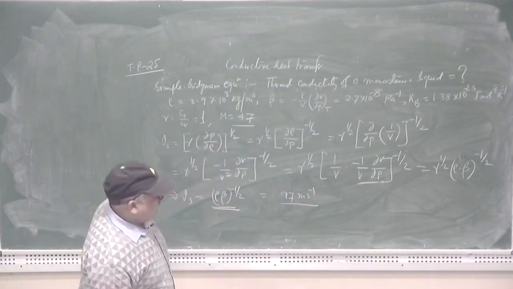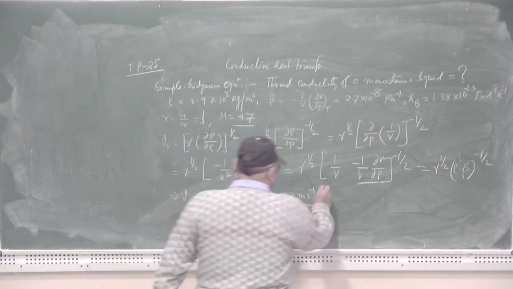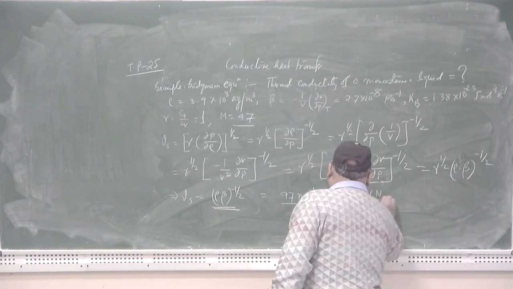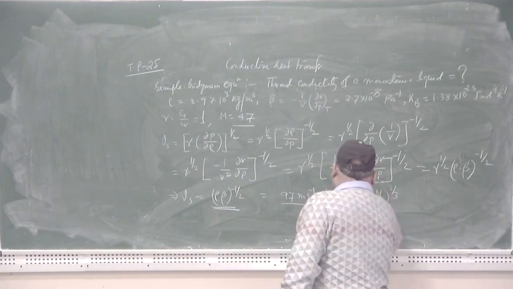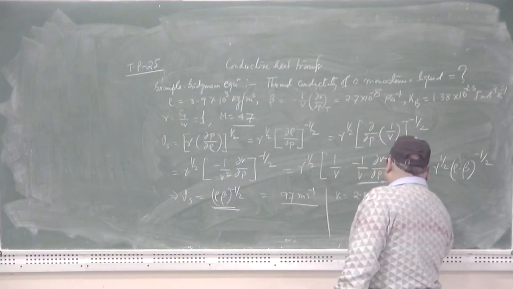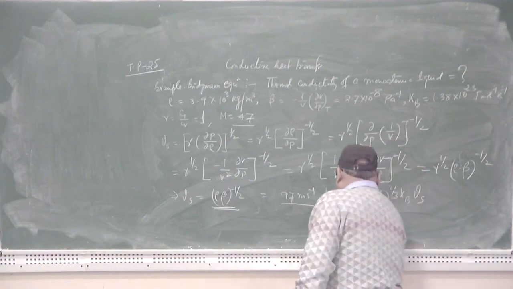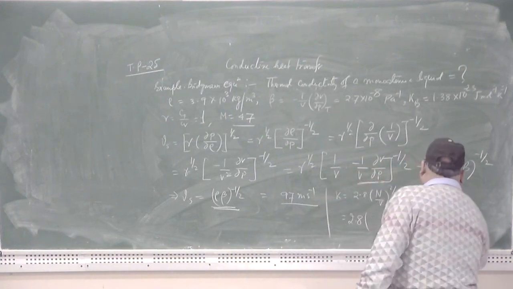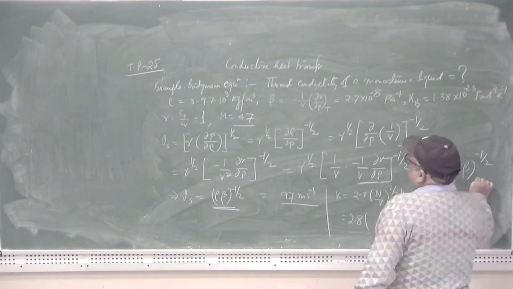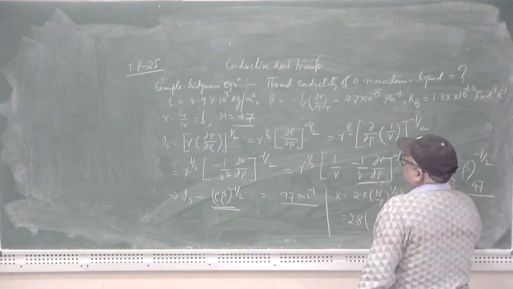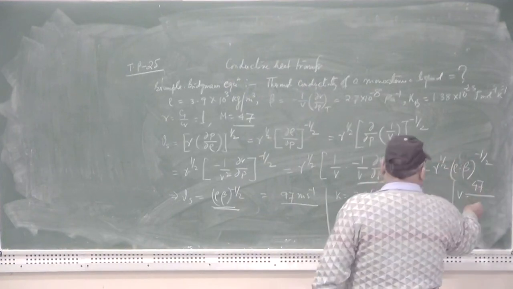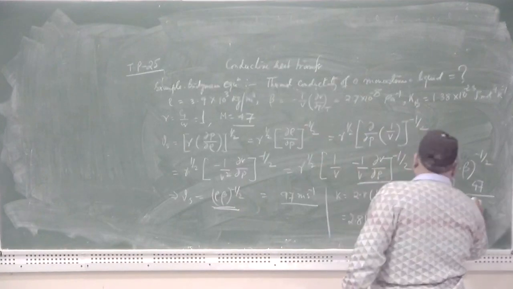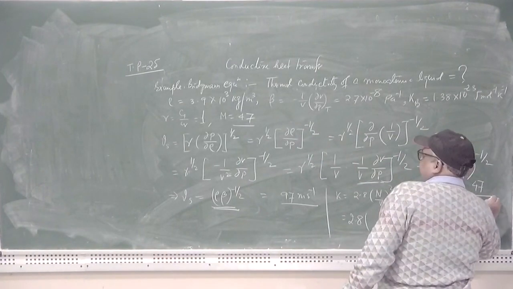Now using the Bridgman equation, k is equal to 2.8 into N by V raised to the power 2 by 3 into the Boltzmann constant into the velocity of sound. So that will be equal to 2.8, and V is the volume per mole. So here you can determine V, that is the molecular weight, given as 47, divided by the density, 3.9 into 10 power 3.